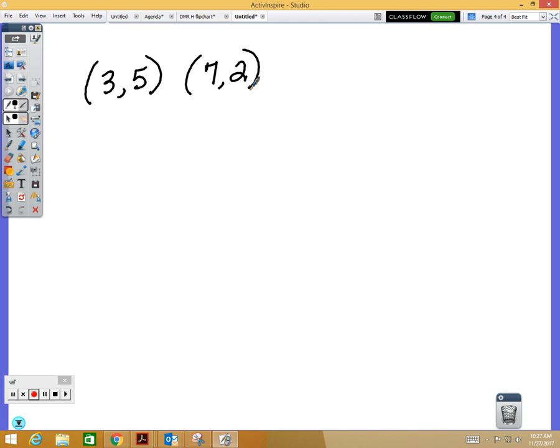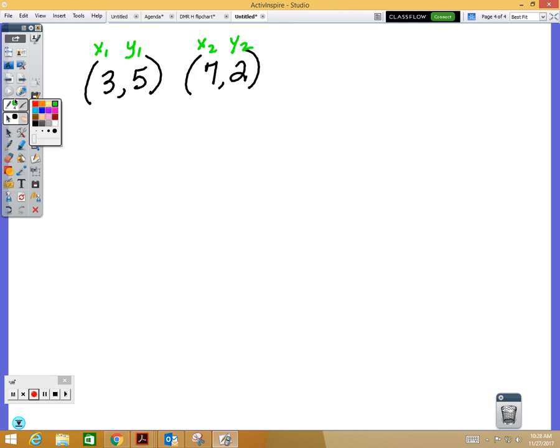But again, the other way to do this without using a graph is to use the formula that we just wrote. So the first thing that I think is very helpful for people is to label these points. So let's label the first one x1 and y1. And let's label the second one x2 and y2. That's going to make it easier for us to not make mistakes on where we're putting things.